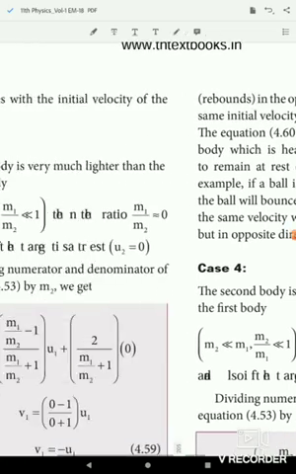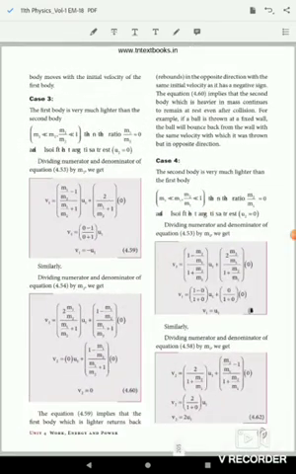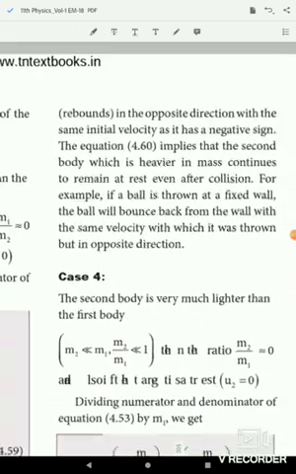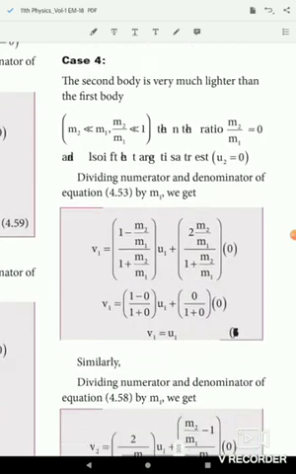The v2 equal to 0 implies the second body, which is heavier in mass, continues to remain at rest even after collision. For example, if a ball is thrown at a fixed wall, the ball will bounce back from the wall with the same velocity with which it was thrown, but in the opposite direction.